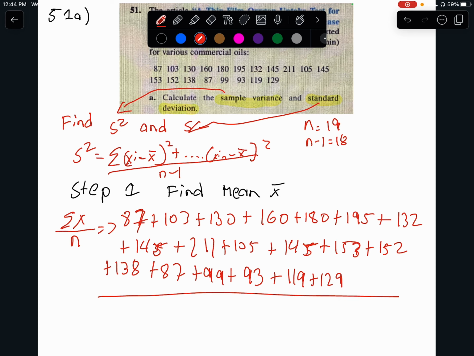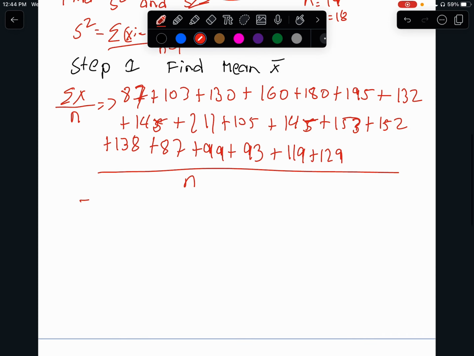Divided by n. So what we get is 2,563 divided by our n value, which is 19. So first we divide that. Our x-bar value, our mean, equals 134.89. So that's our mean.